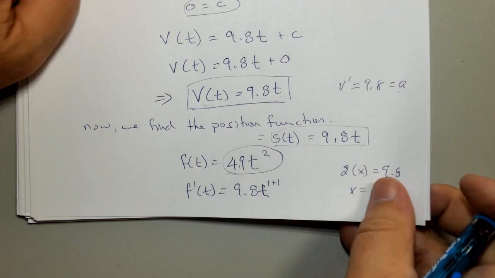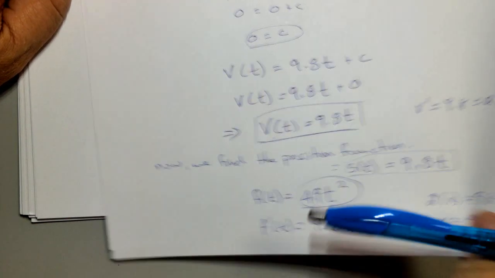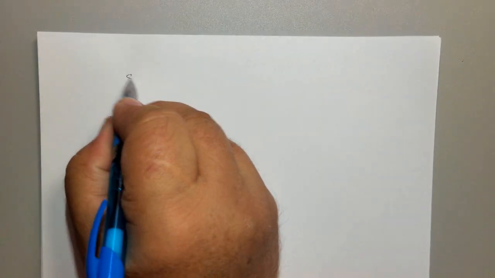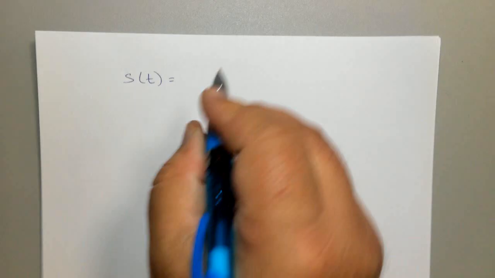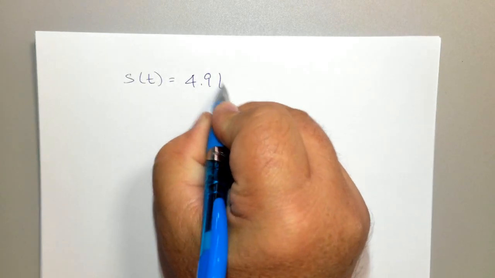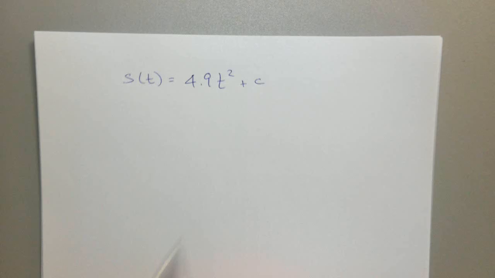This is our position function. So we know that S of t has to equal 4.9 t squared plus some value c.